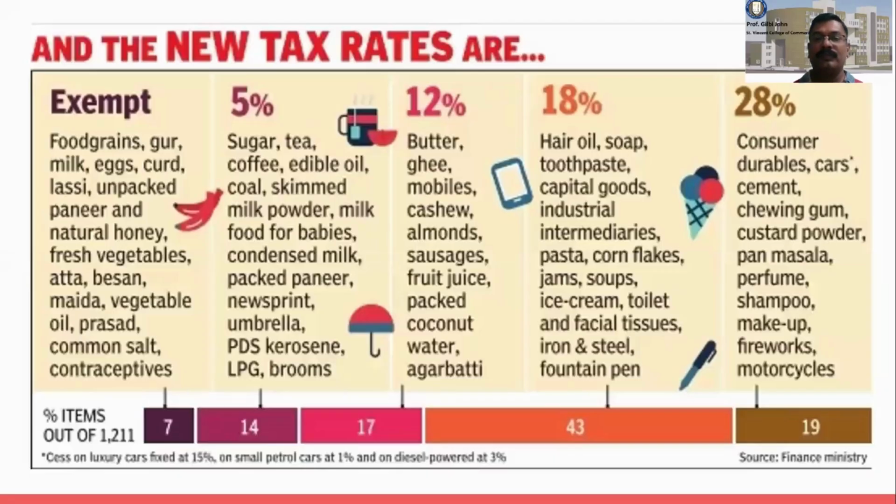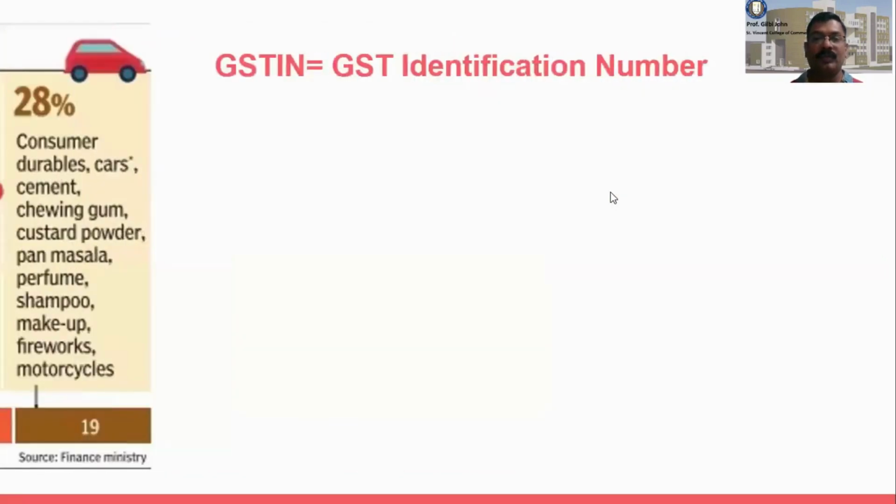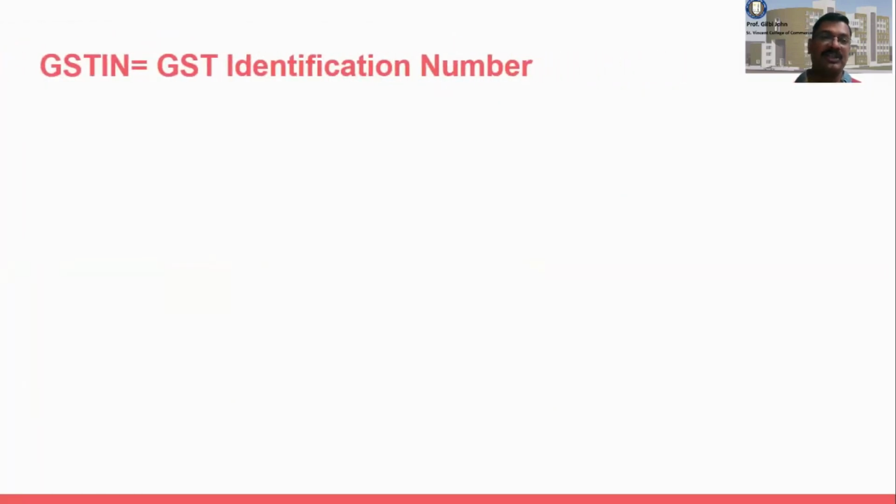Different types of GST. Now we are going to see another aspect of it, that is GST number and basic terms related to GST. What is GST number? GSTIN, or GST identification number.